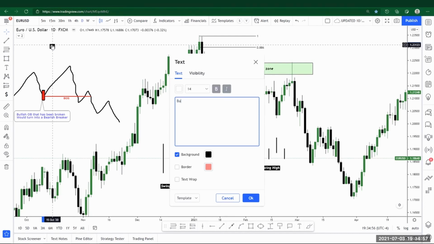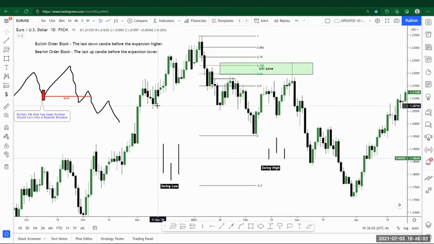Okay, so bullish order block is down. There you go. And your fib, you always want to place your fib from the swing high to the swing low, or from the swing low to the swing high.